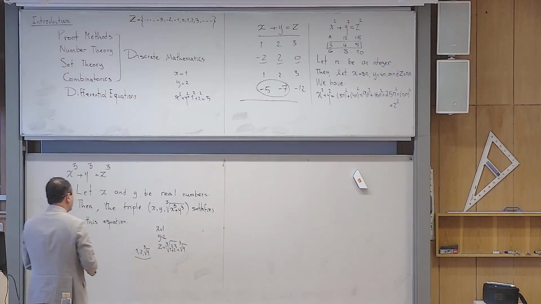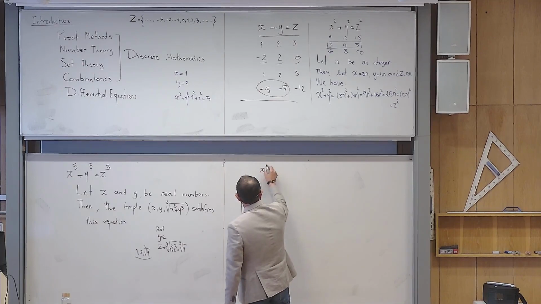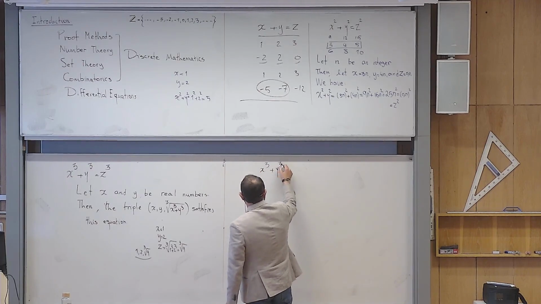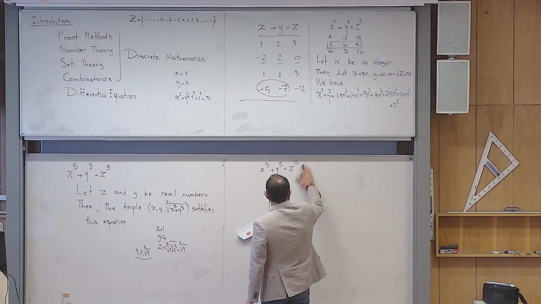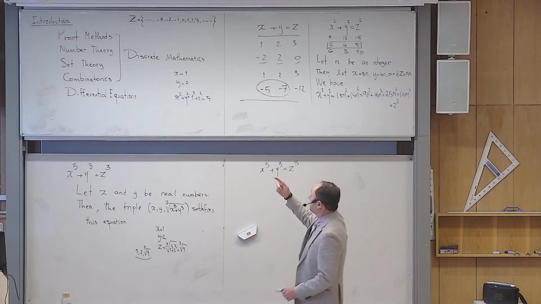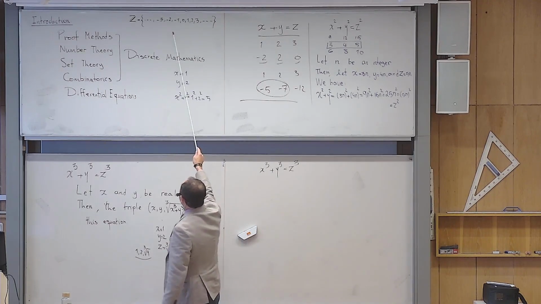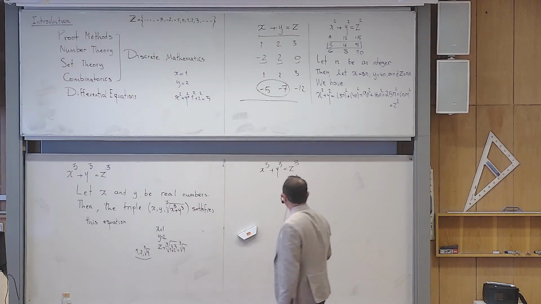Okay, but now again, let me ask the same question here. How many triples of integers do you think we will have here? Now I go back. I want you to give me numbers only from this list that satisfy this equation.